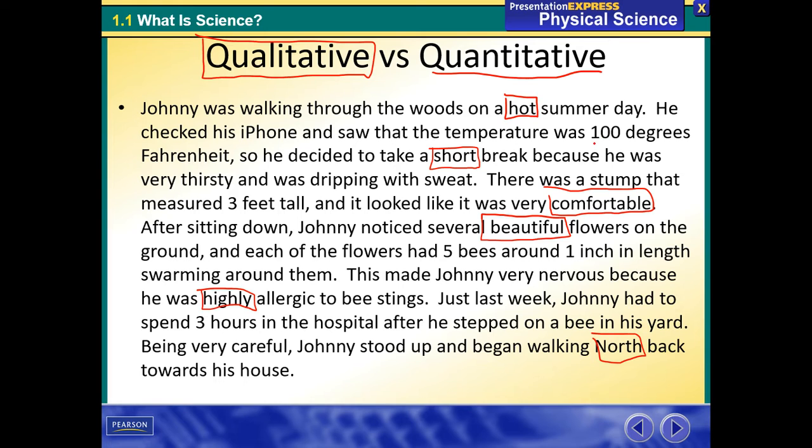So for example, 100 degrees, we know specifically how hot it was. 3 feet tall, 5 bees, we know the amount and we know that their length is about 1 inch. Johnny had 3 hours, that's a time. Time is a unit of measurement. So there's some differences between qualitative and quantitative.